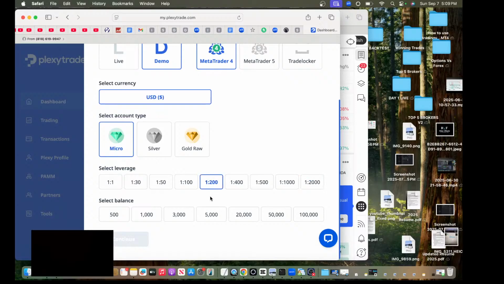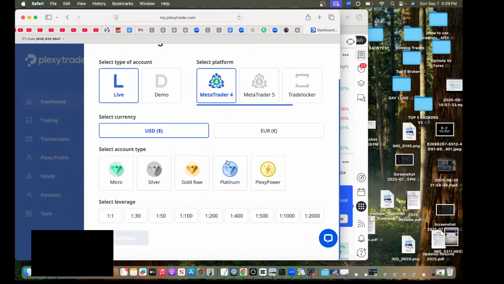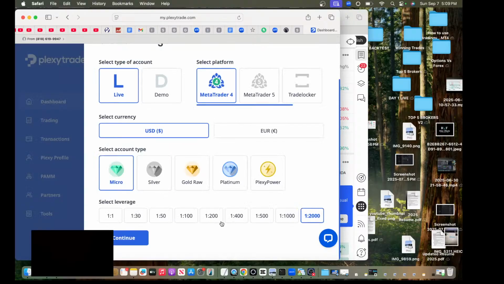Because the overall best is right in between, so it's not too small and not too big of a leverage. And then whatever amount you're going to put in your account. If this was a live account, it'd look something like this: 1 to 200, and then you would hit continue, and it would ask you to deposit the money into the account. All right, cool.